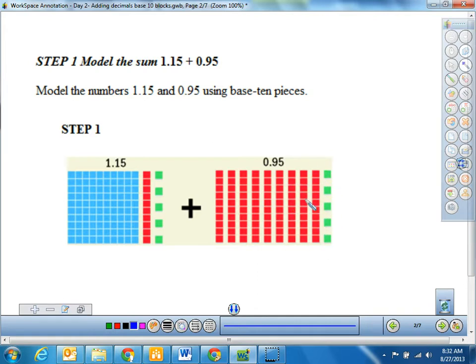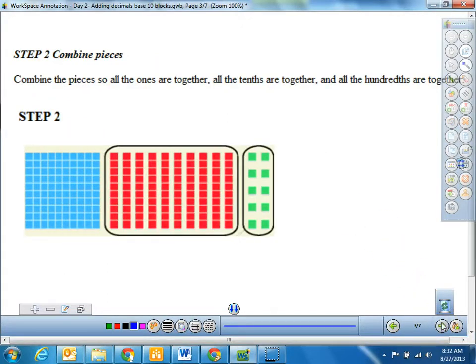So when we would go ahead and add these together, we need to combine what is alike. So we can see that we would only have one of the whole unit blocks.